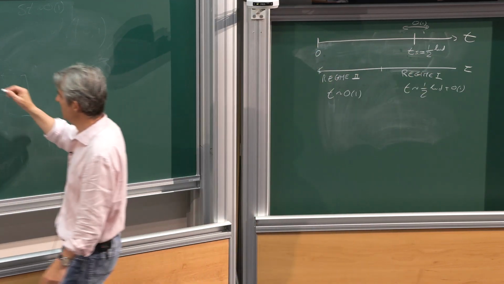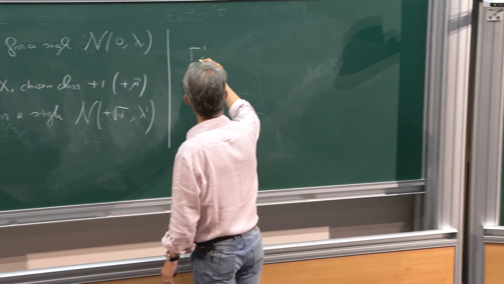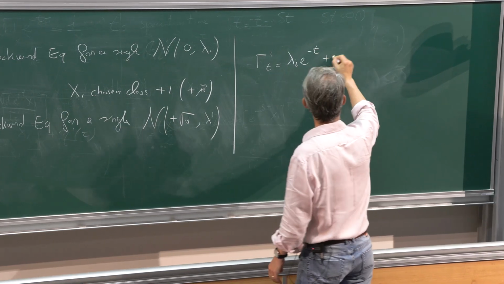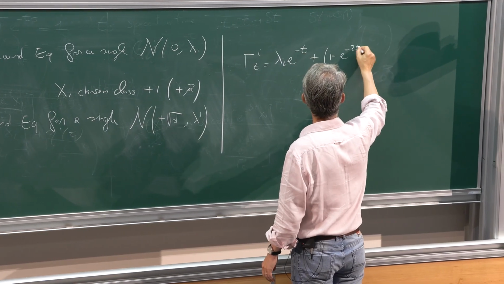And you can see this if you remember, gamma I of t is lambda I exponential minus t plus 1 minus exponential minus 2t.